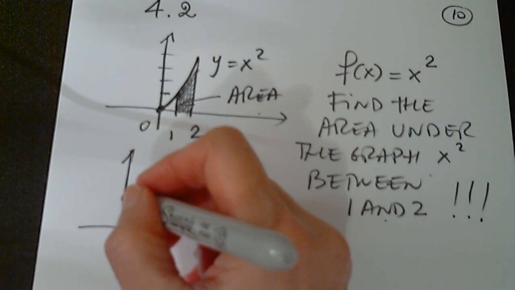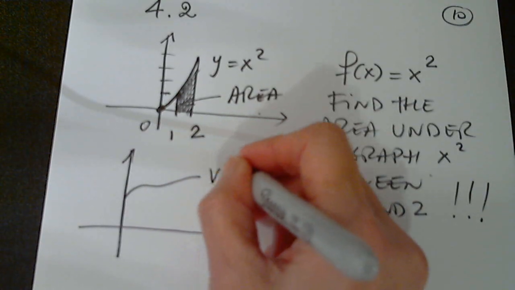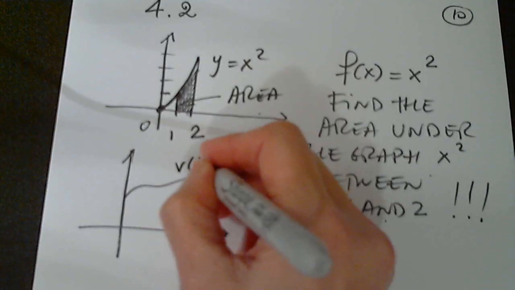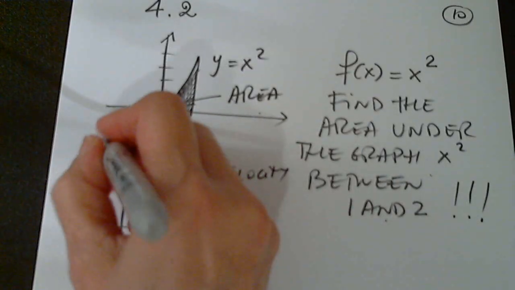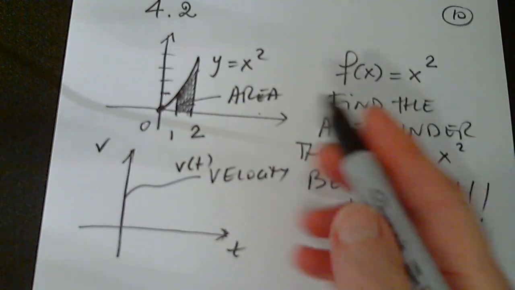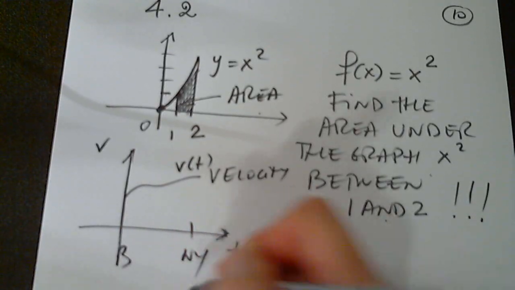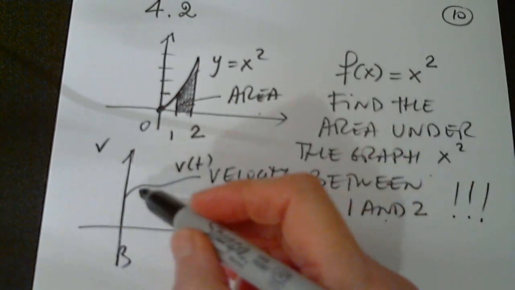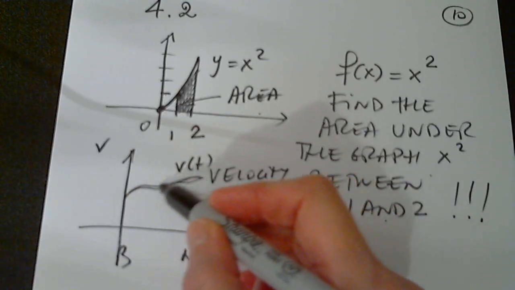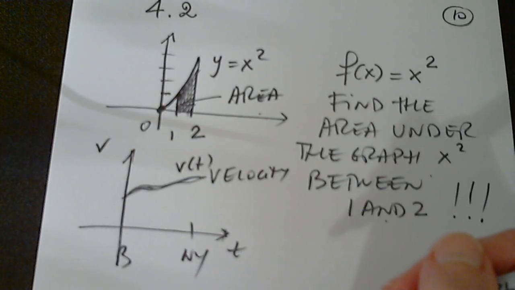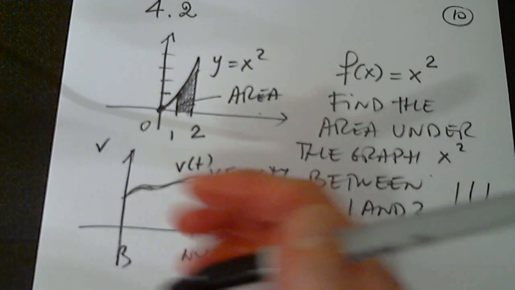Let's suppose this is the velocity function, let's say v of t. So t and v. I drive between Baltimore and New York, and somehow I have this function that represents my speed for the duration of the trip.